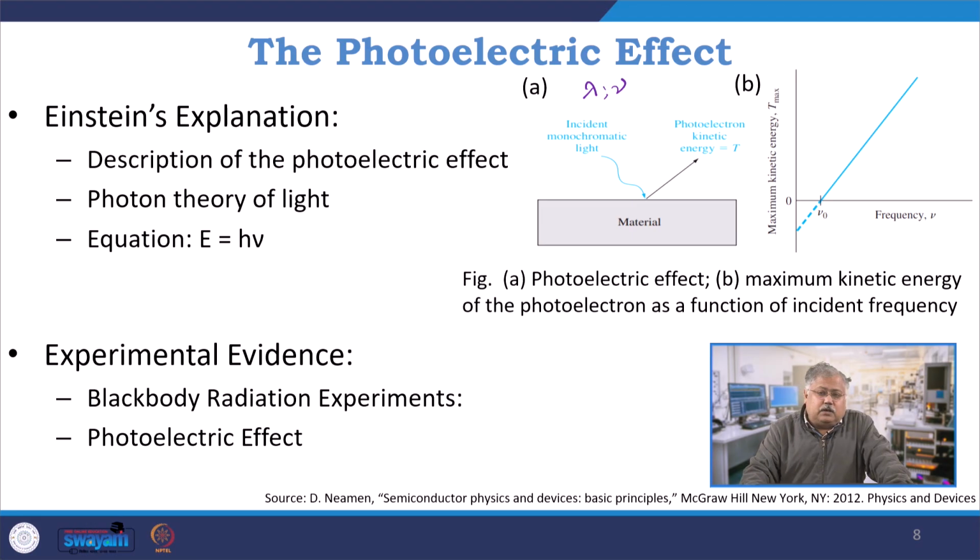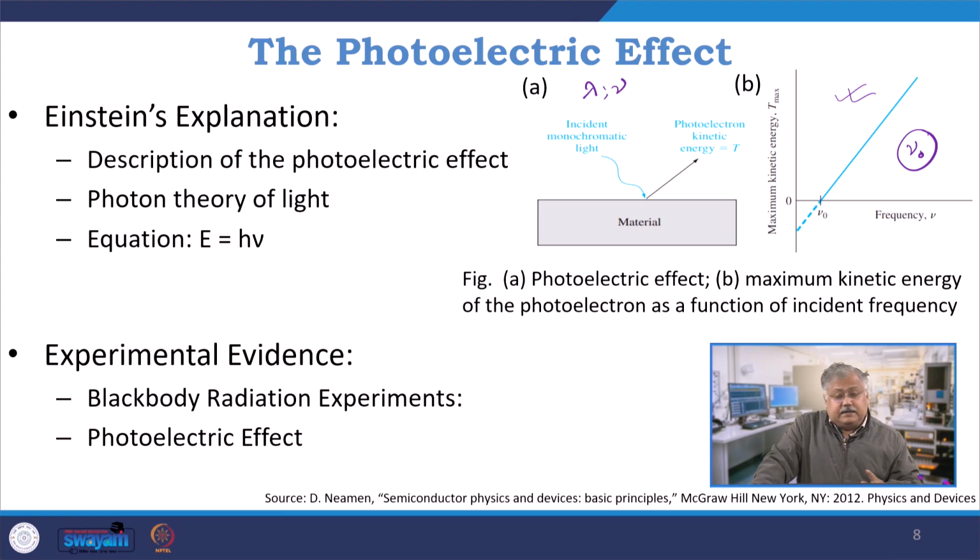Quite interestingly, and this is where the concept of quanta came into the picture, the photoelectric effect predicted that there will be a critical frequency beyond which there will be a linear increase in the maximum kinetic energy with respect to frequency, as can be seen in the right hand side figure. Anything below nu naught, you will never have an electron being emitted from the target.